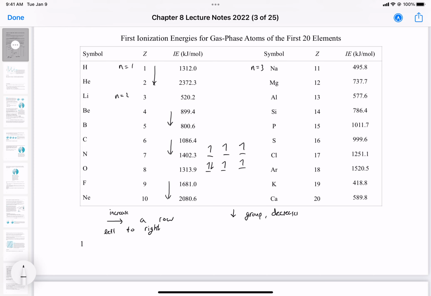So we're going from n equals 1 level to n equals 2. We see that it drops dramatically to 520 from hydrogen to lithium. Then from sodium, it drops even more to 495.8. And then as we go across the row from the n equals 3 level, from sodium to argon, it generally increases here. And then we see some gaps here, right? And that's because we're changing into a different sublevel.